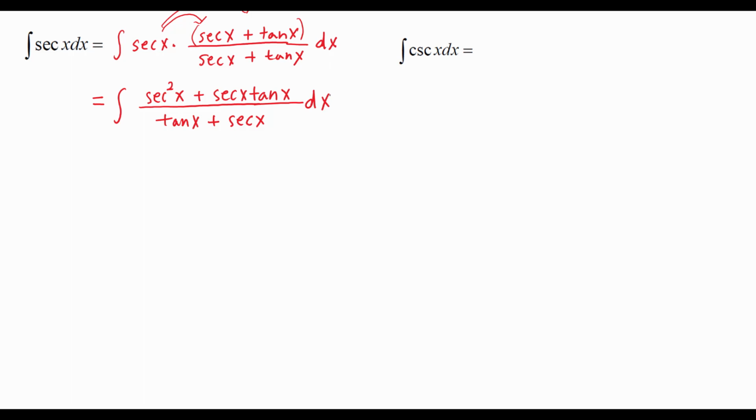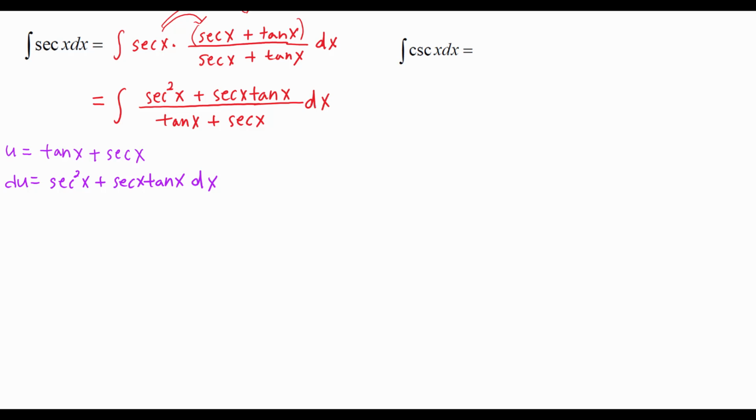So you can see if you let your denominator be u, let u be tangent x plus secant x, then your du is, what's the derivative of tangent? Yes, secant square x. And what's the derivative of secant? Secant x tangent x dx. And that's exactly what you have in the numerator. This is why. So remember the trick.